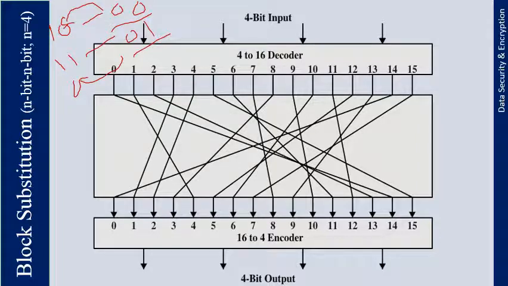On the other hand, if your encryption algorithm produces a different output in the same case, for example, we have the same inputs 1 0 and 1 1, and our algorithm produces 0 1 and 0 1. Then at the recipient's end, when you apply the decryption algorithm, 0 1 will be translated to 1 0 in some cases, and similarly 0 1 can also be translated to 1 1.